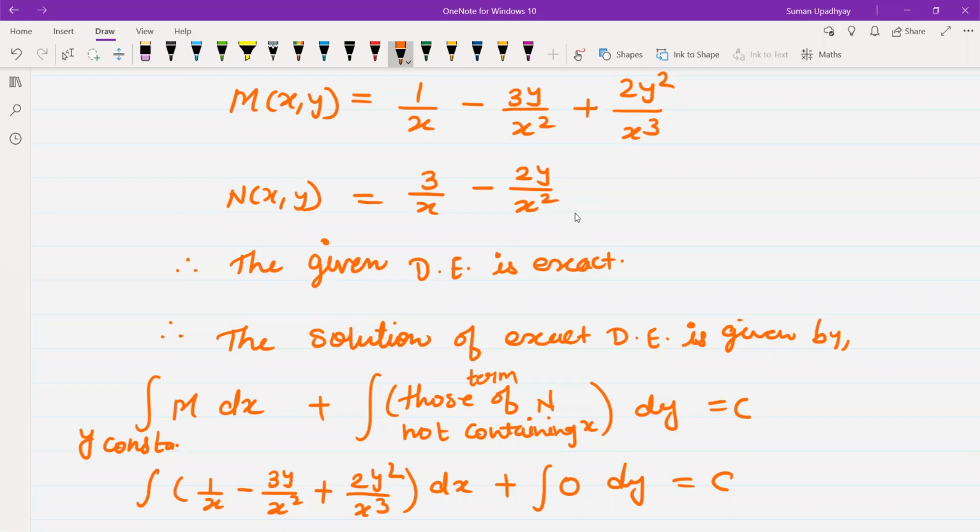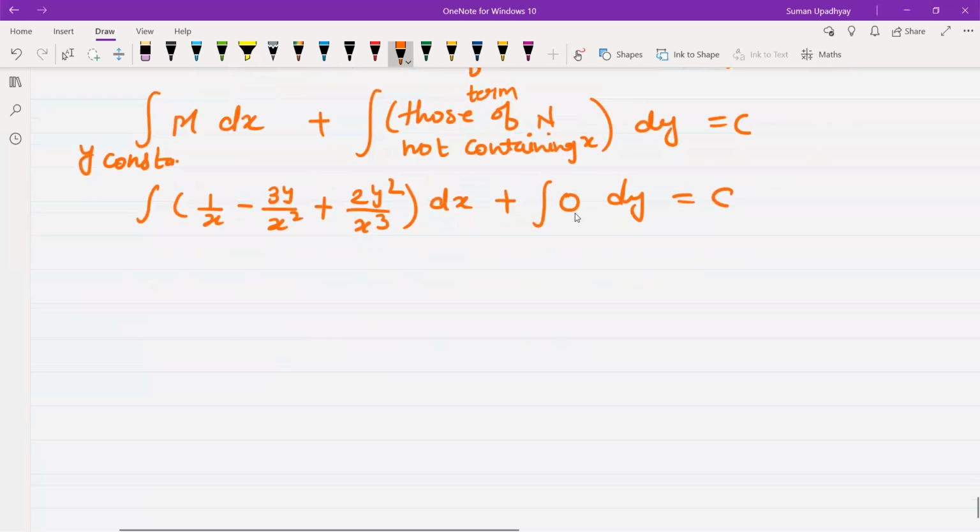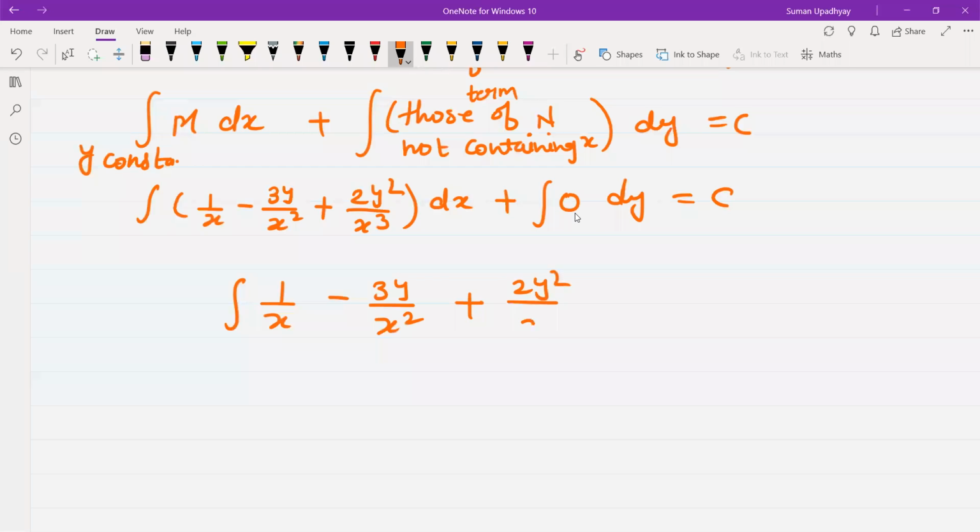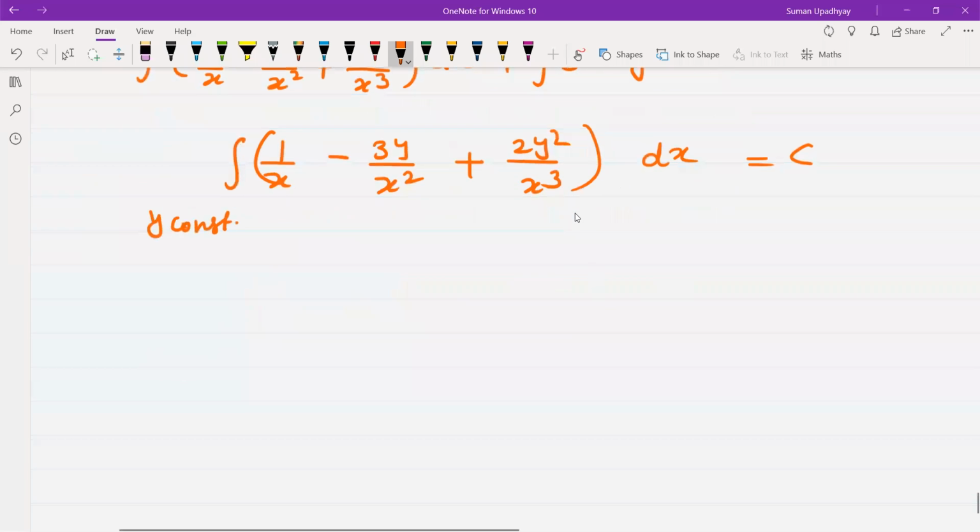There is no term without x, so the second term will not come. So you are left with 1 upon x minus 3y upon x square plus 2y square upon x cube, and you have to treat y constant, integrated with respect to x, equals integration constant.